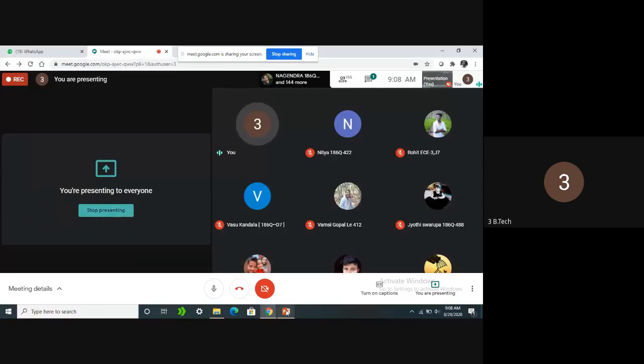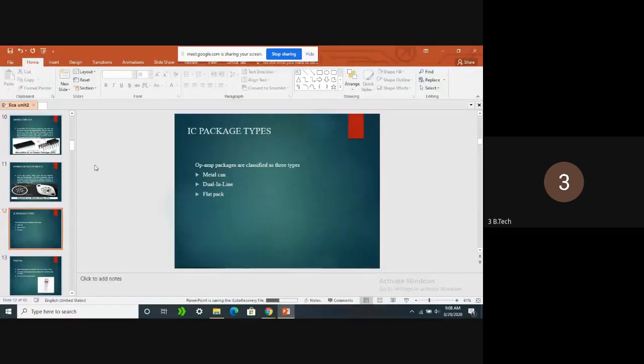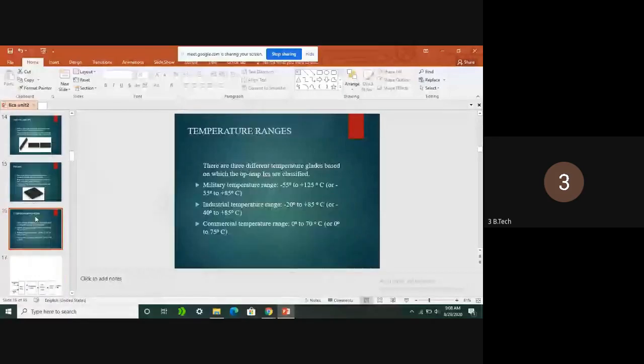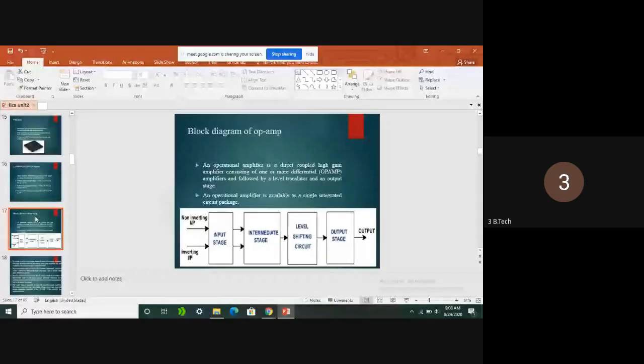Once again, we can recollect what we have discussed yesterday. These are the topics we have discussed yesterday. What are the different building blocks in an operational amplifier, and in each block which type of amplifier we can use, that we have also discussed.